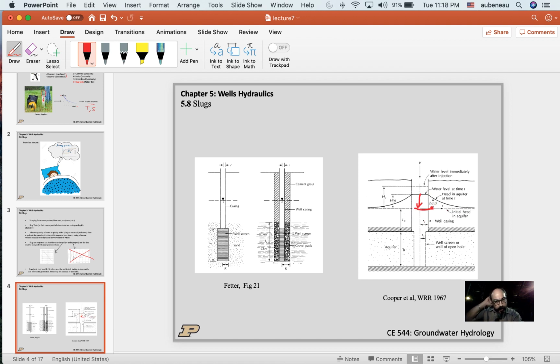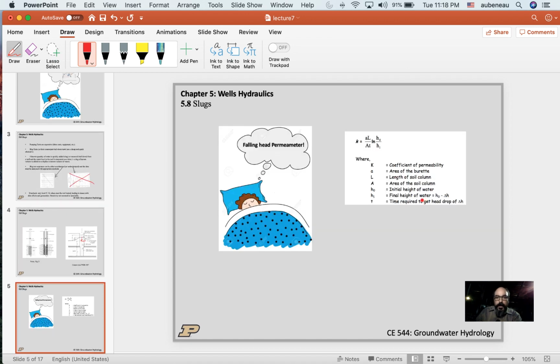You would remember that falling head permeameter that we've studied during the Darcy lectures, right? And if you remember, after a bit of math, basically mass balance, we get the hydraulic conductivity as a function of the area of the tube you're using to let the water drop, and then the area of the column if it's different. So you can see here the similarity with those well casings and that packed gravel that I've talked about before.